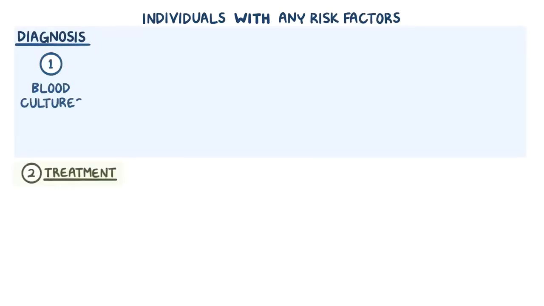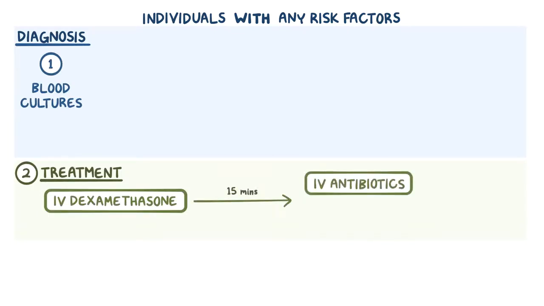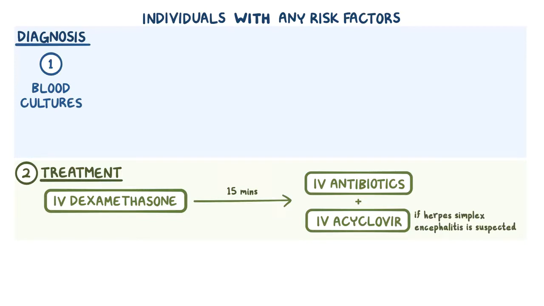If the individual does have one of the risk factors of increased intracranial pressure, then blood cultures are obtained, IV dexamethasone is given, and then 15 minutes later IV antibiotics are started, along with IV acyclovir if herpes simplex encephalitis is suspected.